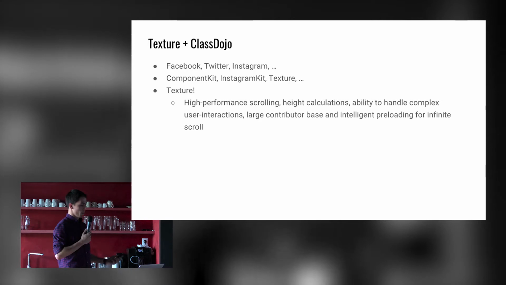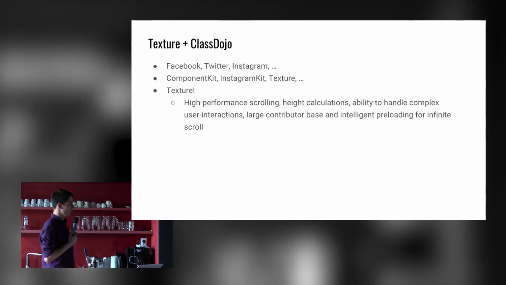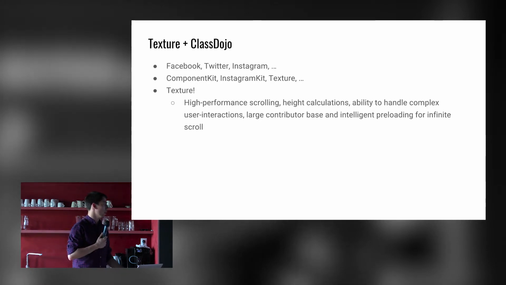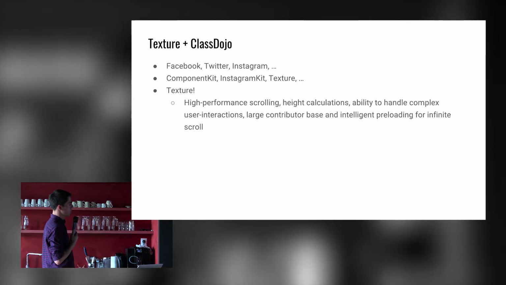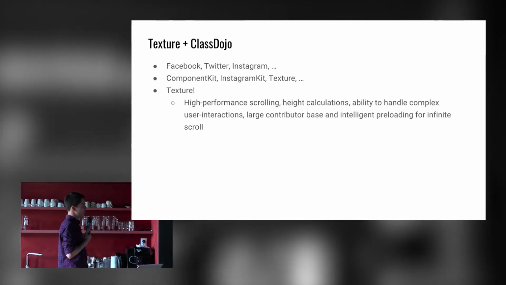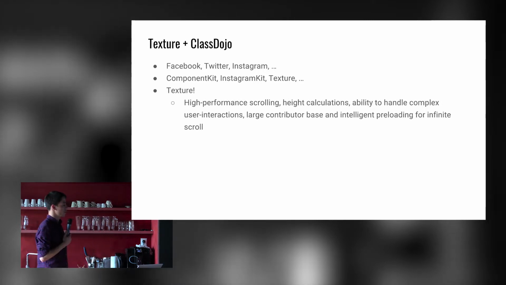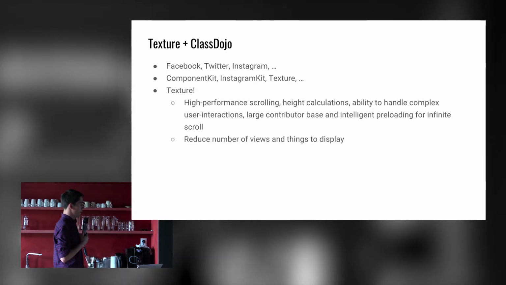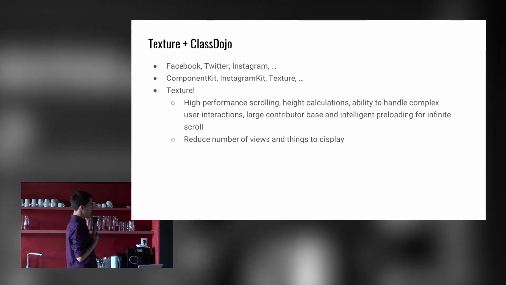Because it offers high performance scrolling because of the background threads, automatic height calculations, the ability to handle complex user interfaces, and it has, as I said, a large contributor base, so it will not end next year, for example. It reduces the number of views. I will show you how.